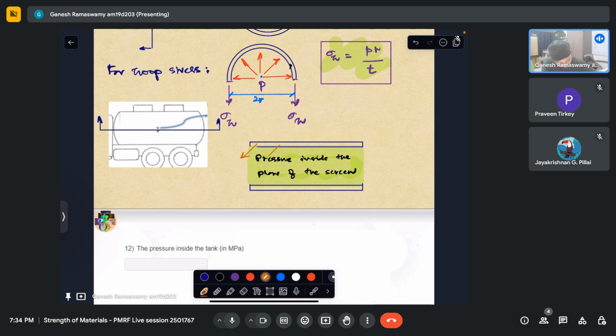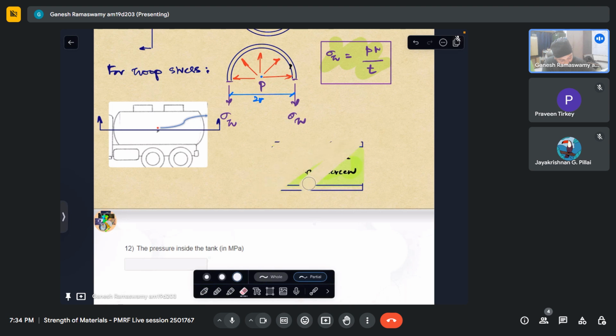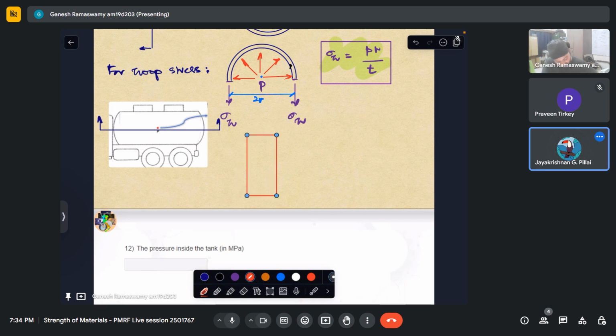Oh, I'm sorry. Again exposing the hoop, I suppose. Once I cut a section like this, I think it was fine. I think you just had to draw the arrows horizontally.